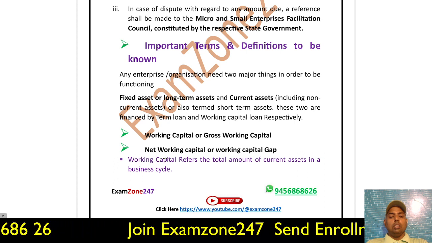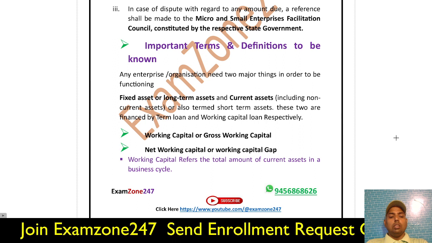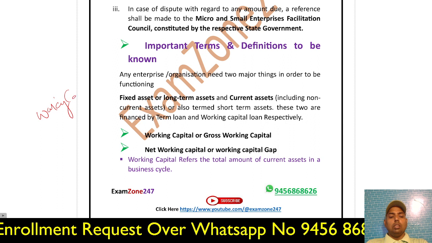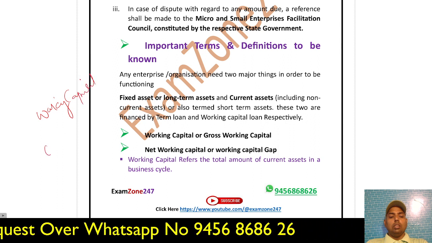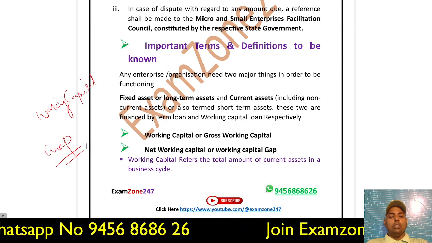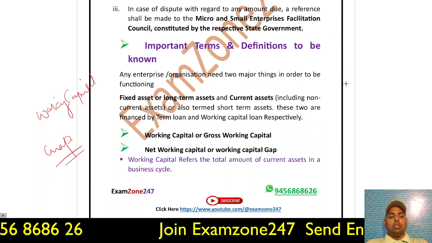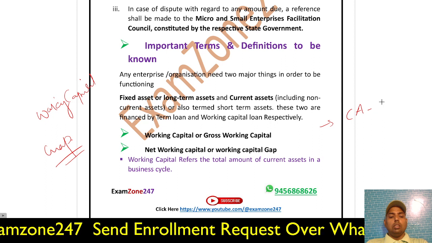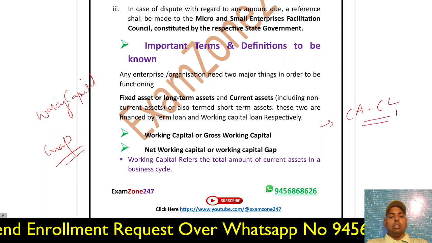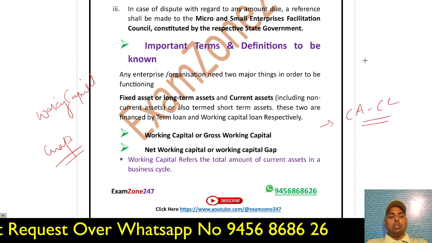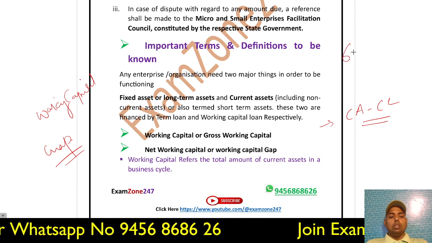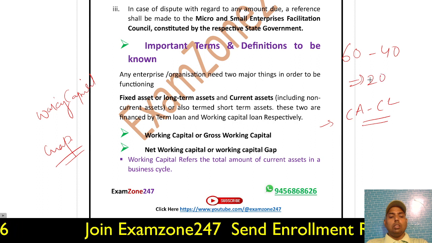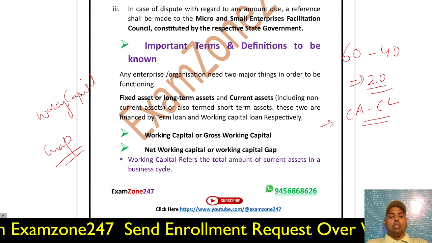Net working capital or working capital gap, this is the other thing. Working capital gap is the difference of current assets and current liabilities. Suppose current assets are 60 and current liabilities are 40, then the working capital gap will be 20.